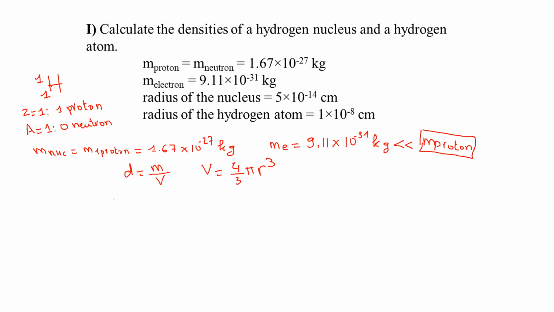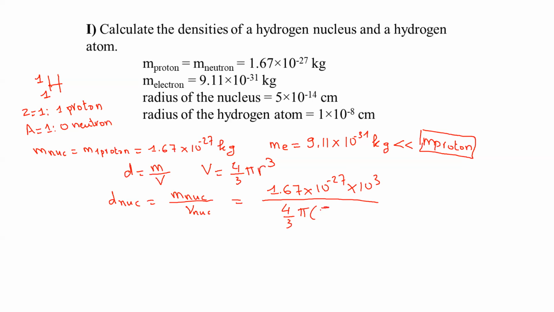So let's go for D nucleus, which will be equal to M nucleus over volume nucleus, which is equal to 1.67 times 10 to the power minus 27. It's in kilogram. We're going to have it in gram to have gram per centimeter cube. 4 over 3 pi.